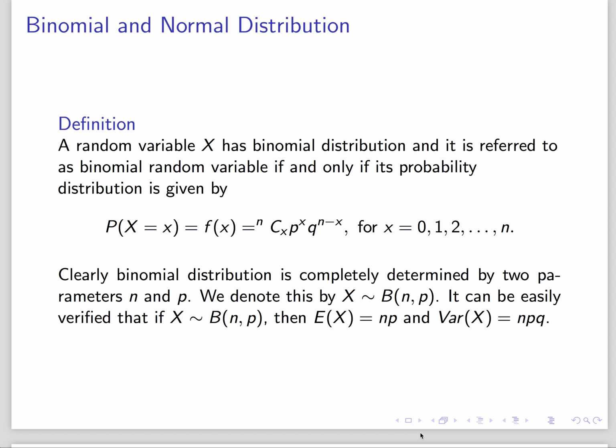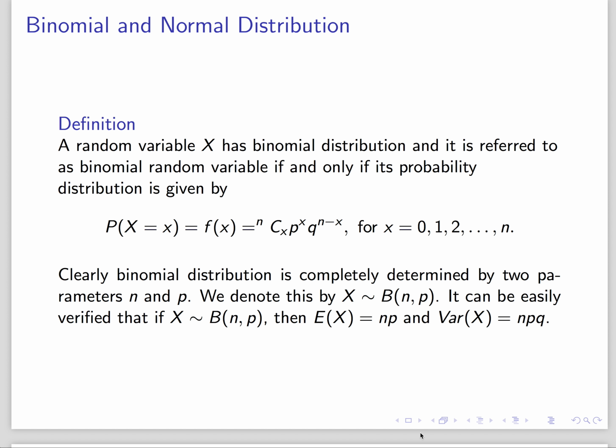Since such arrangements are possible in nCx ways, the total number of such possible outcomes will be nCx. Hence, the required probability will be the product of all these quantities, that is nCx p to the power x q to the power n minus x.